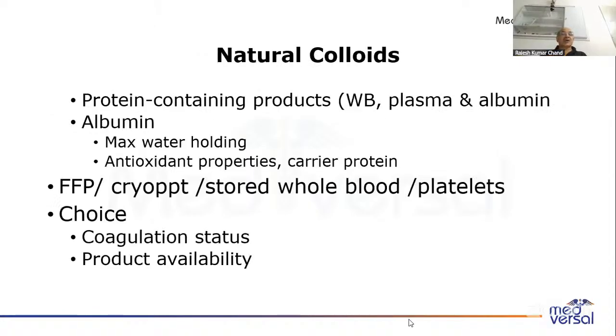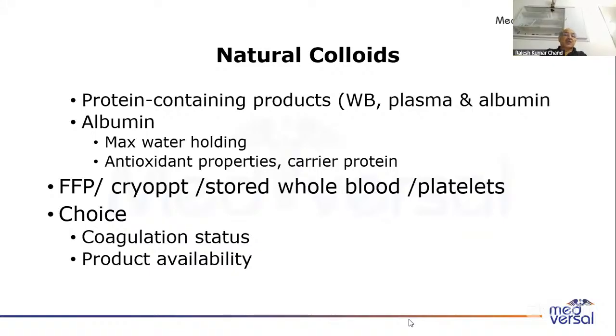Natural colloids are protein-containing products like whole blood, plasma, and albumin. Albumin has maximum water holding capacity. It has antioxidant properties, and it's a carrier of proteins in the body. Other natural colloids are FFP, fresh frozen plasma, cryoprecipitate, and platelets.